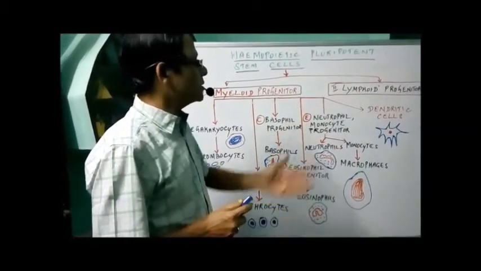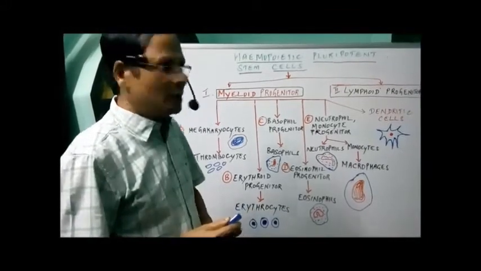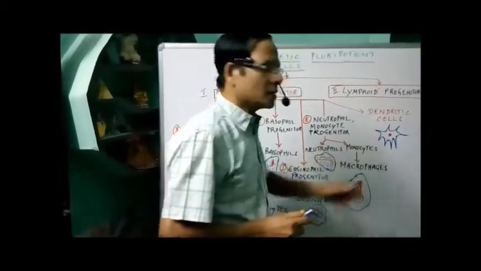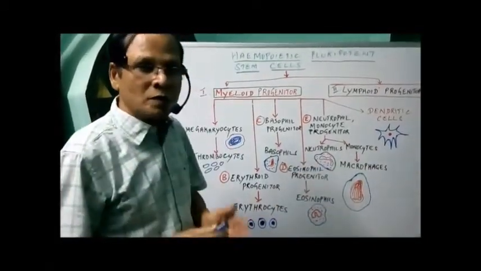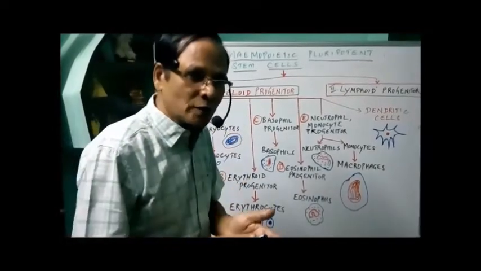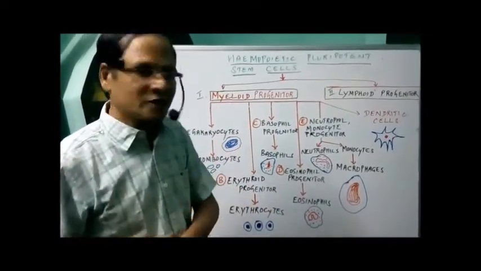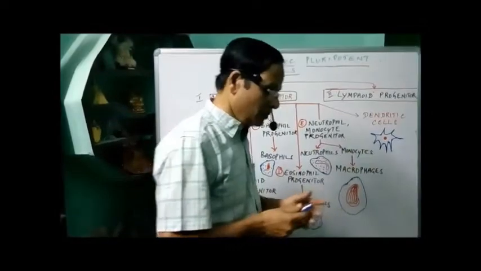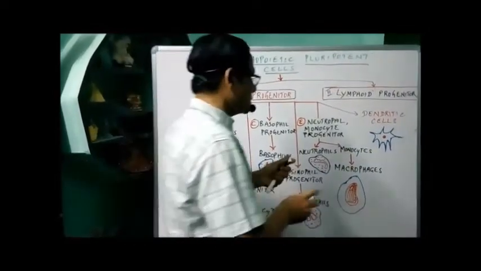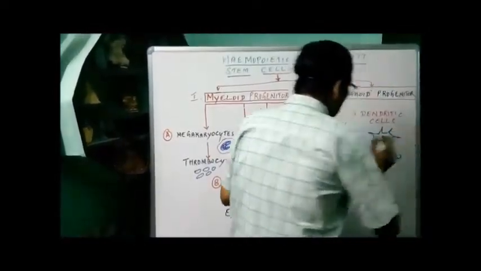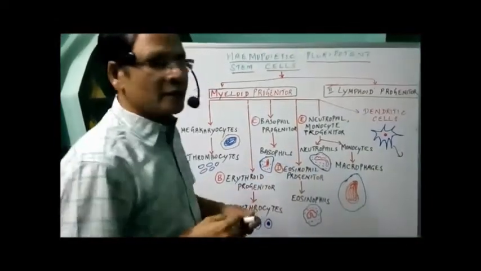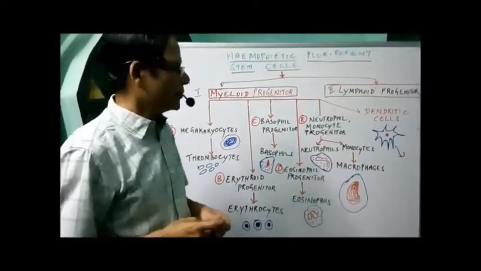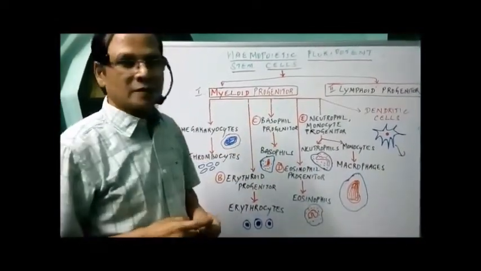These cells are called dendritic cells. They are called so because they have long, thin cytoplasmic or membrane extensions, just like the dendrites of a nerve cell. Hence the name dendritic cells.